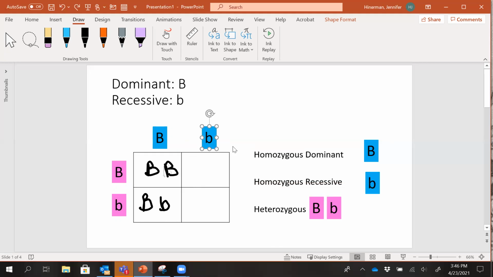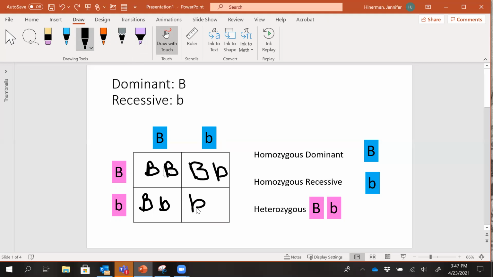So then I'm going to write that one. So that came out to be big B, little b. So big B from the side this time and little b from the top. And then here I'm going to combine this one from dad and this one from mom. Okay. So then here I'm going to write little b, little b.